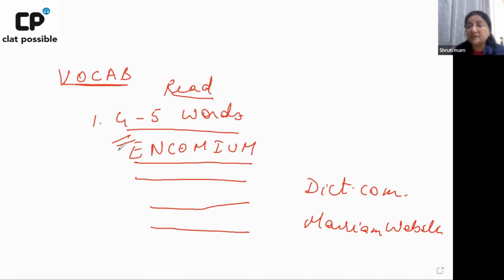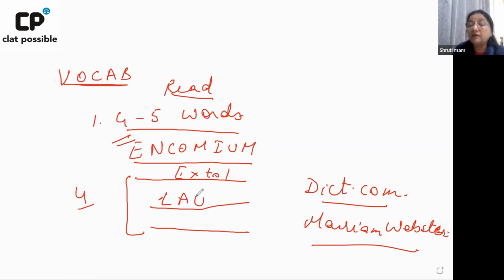So my duty begins: I go and find 3 or 4 more synonymous words from these 2 dictionaries, Merriam-Webster's or Dictionary.com. And I work out, for example, extol, which is also praise. I can do encomium, I can do laudatory.